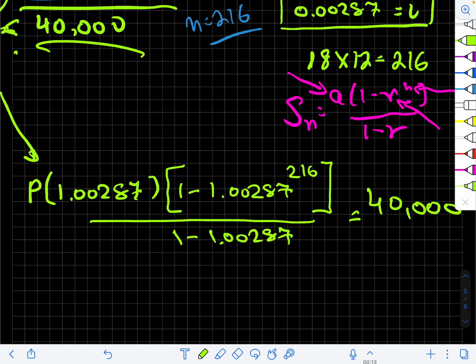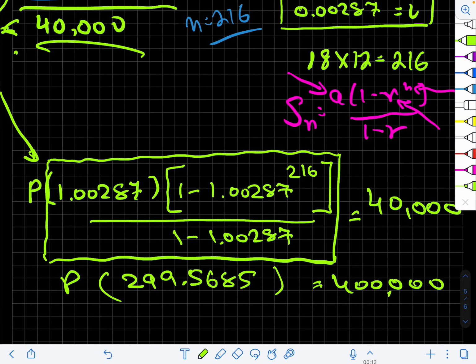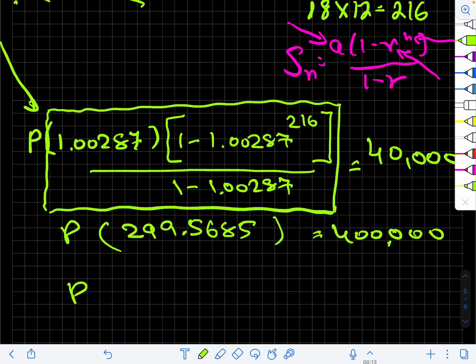So the next thing I do, I take my calculator and I calculate all this just without the P. And when I do this, it comes out 299.5685, I think, or something like that. So P multiplied by that equals 40,000. So then when I calculate my P, I just divide both sides by this number.